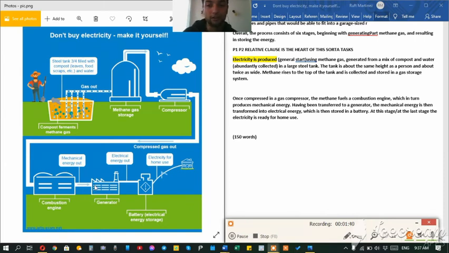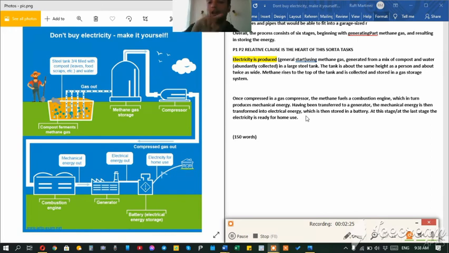Having been transferred to a generator, again I'm using P1 and the passive form of the infinitive together. I'm not using a sentence, and in a 9 band essay, I can assure you. Having been transferred to a generator, which is P1, being transferred, is the passive form, then transformed, converted into electric energy.